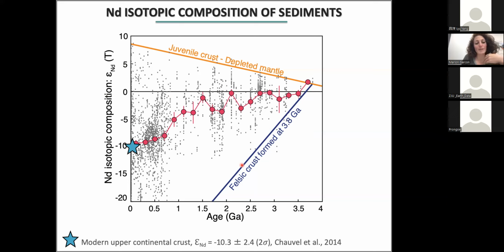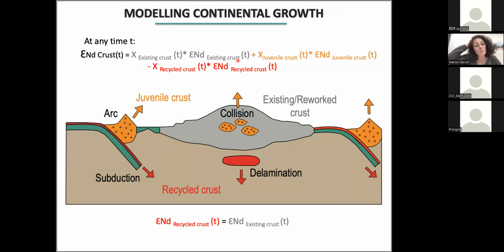To go a little bit further and try to quantify this proportion, to know how much new crust was formed through time, I did a model that is in fact quite simple. It's a mass balance, where I assume that at any point T of Earth's history, the average neodymium isotopic composition of the crust is the result of a contribution from the already existing crust, so this is what is shown in gray here, plus a contribution from the juvenile crust, minus the contribution of what is lost into the mantle, which is the recycled crust.